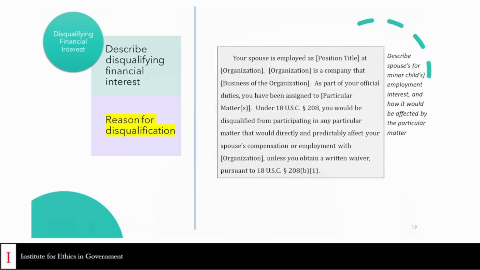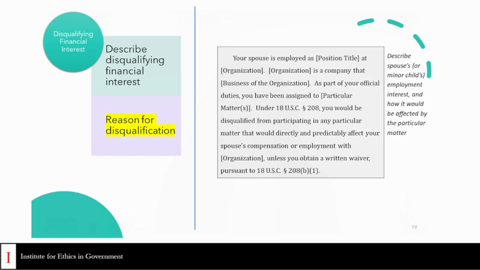In this same paragraph, you want to describe why the employee would be disqualified from participation. Let's take a look at the example we've provided. An employee's spouse has an employment interest with a company. The employee is disqualified from any particular matter that would affect the spouse's employment-related interests.